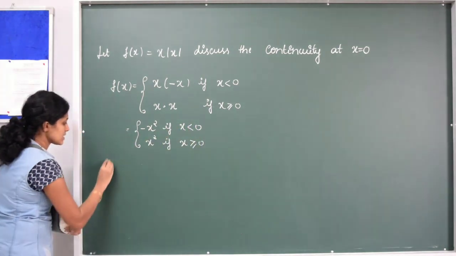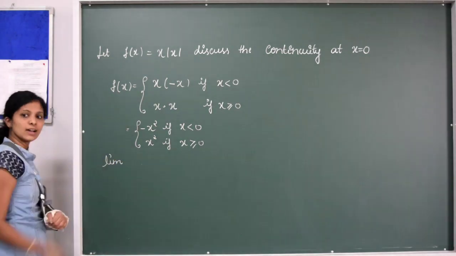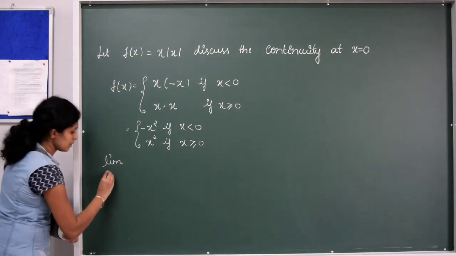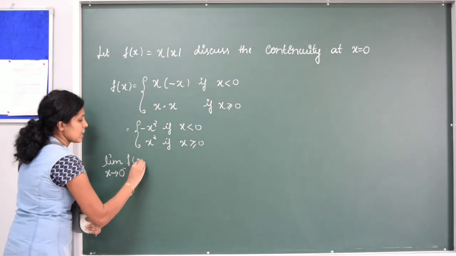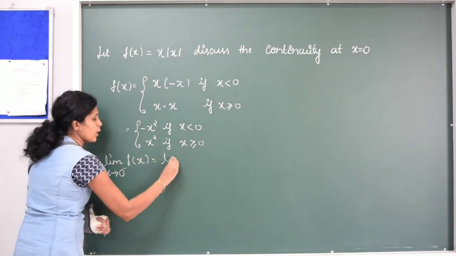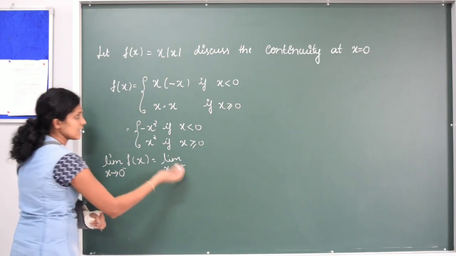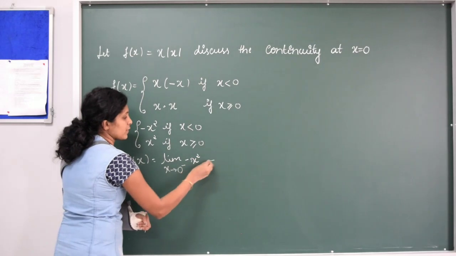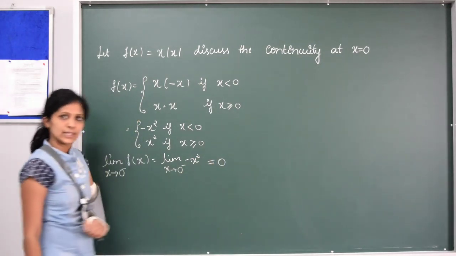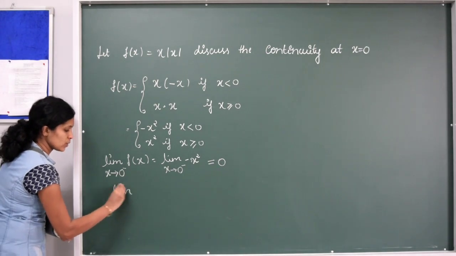Now simple it is, let's check the continuity at x is equal to 0. I mean you have to check the left hand limit as well as right hand limit. Limit of x tending to 0 minus f of x is equal to limit of x tending to 0 minus, I mean the value of x is less than 0, so it will be minus x square. If you substitute the value of x as 0, this is equal to 0. So left hand limit will be equal to 0 and similarly right hand limit also will be equal to 0.